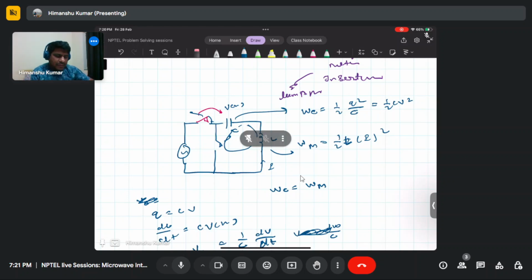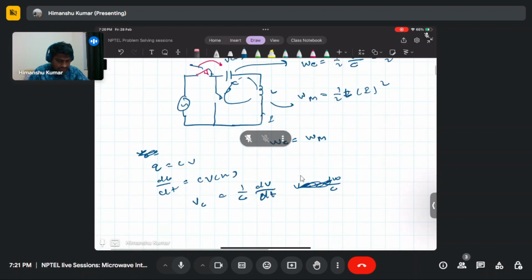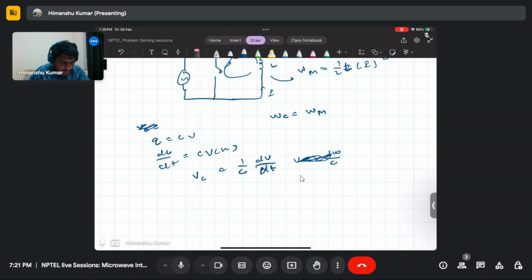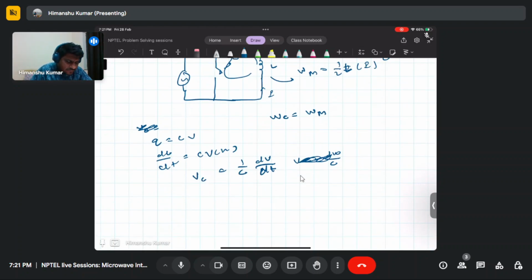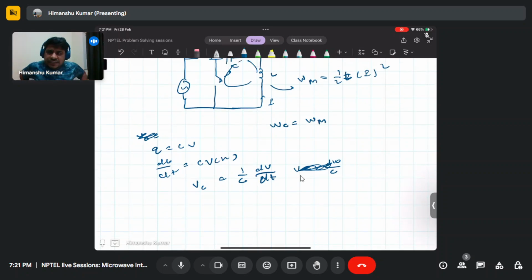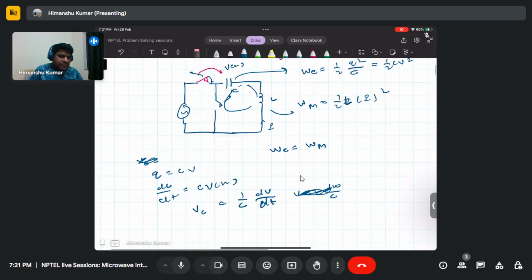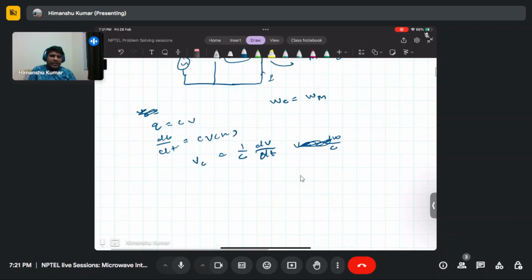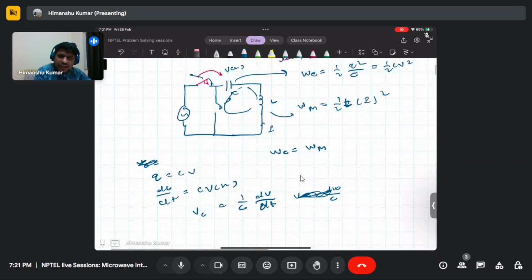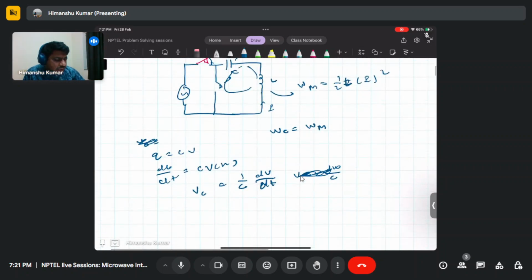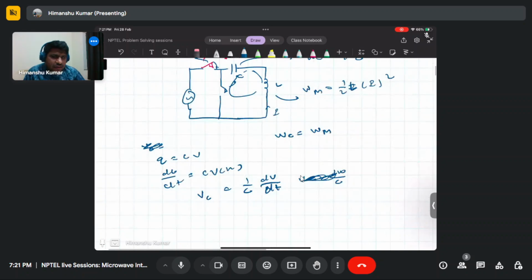I was explaining. So basically, you can write, in terms of current and those equations, in terms of sinusoidal signal, you can write this equation, and if you equate the electric and magnetic stored energy, then basically you can derive the expression for resonance frequency.